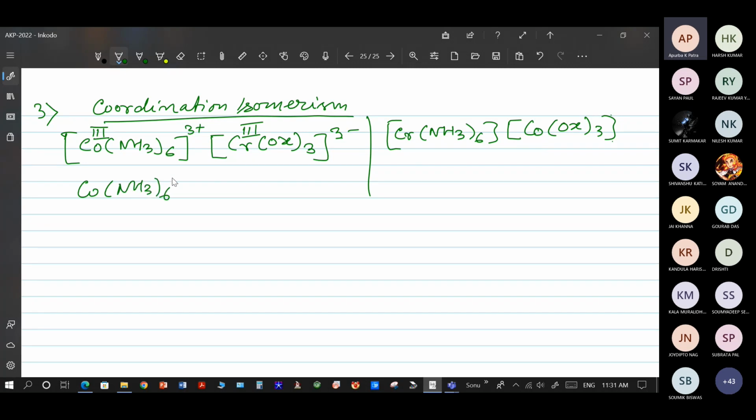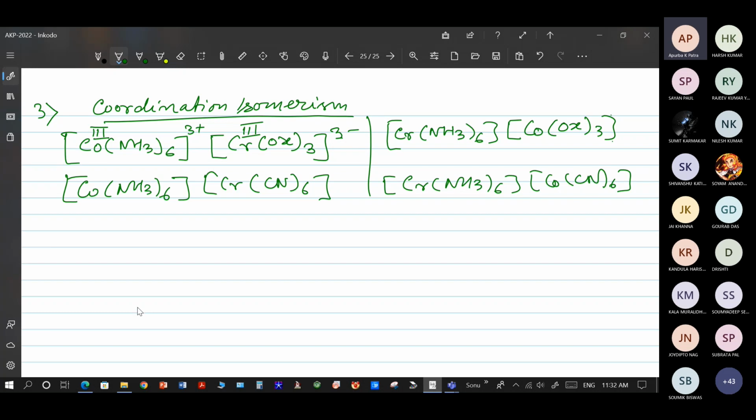Just I am writing this one, and then you have the chromium CN whole 6. So the other one will definitely be the chromium NH3 whole 6, and then the cobalt CN6. So this is another example.